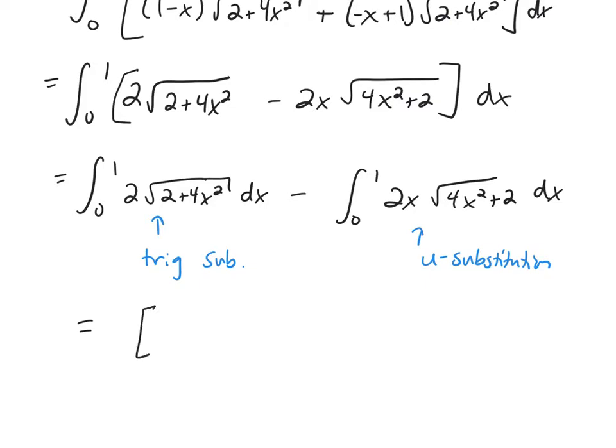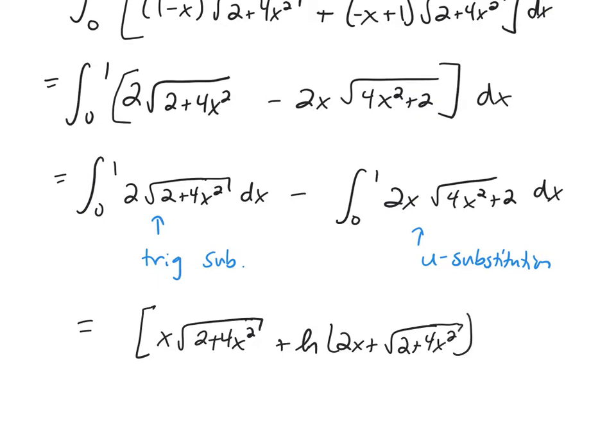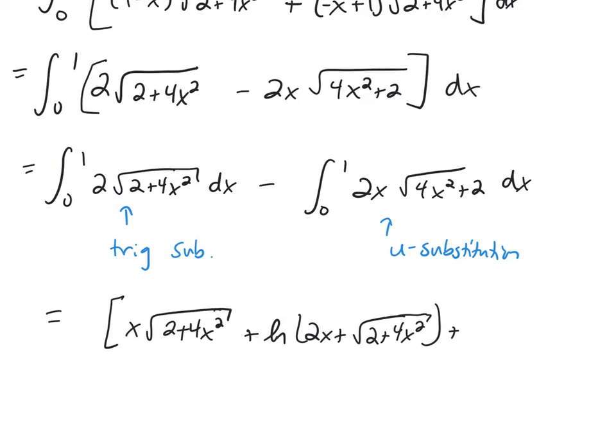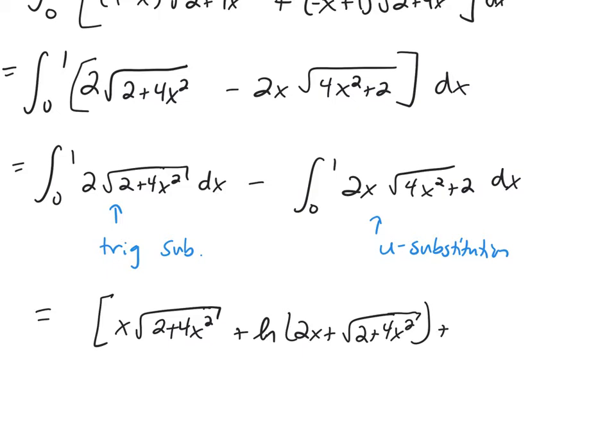When you do trig sub on this first one, you'll get x times the square root of 2 plus 4x squared plus ln of 2x plus the square root of 2 plus 4x squared. When you do a u sub on the second integral, you're going to get minus (2 plus 4x squared) to the 3/2 over 6.